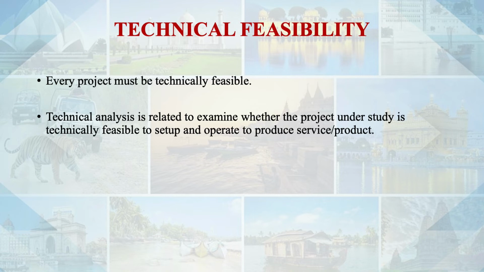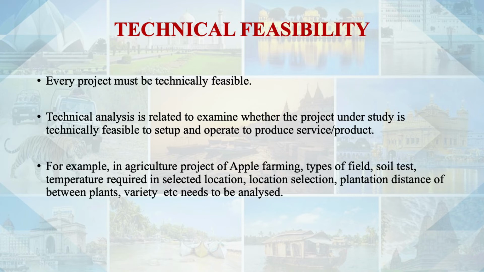or product desired. For example, in an agriculture project of apple farming, type of field, soil test, temperature required at selected locations, plantation distance, other technical points, variety of the seed also need to be analyzed in detail.